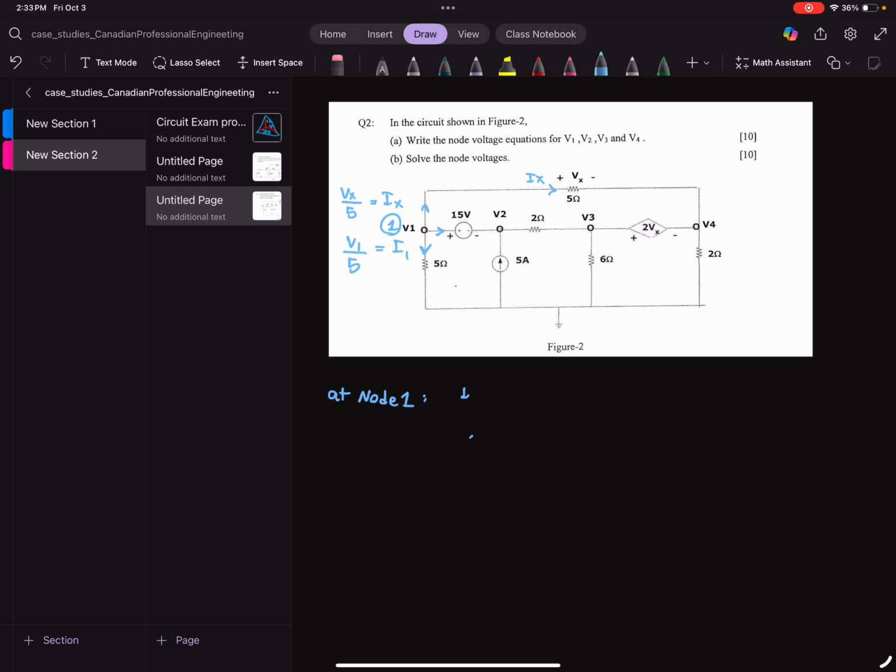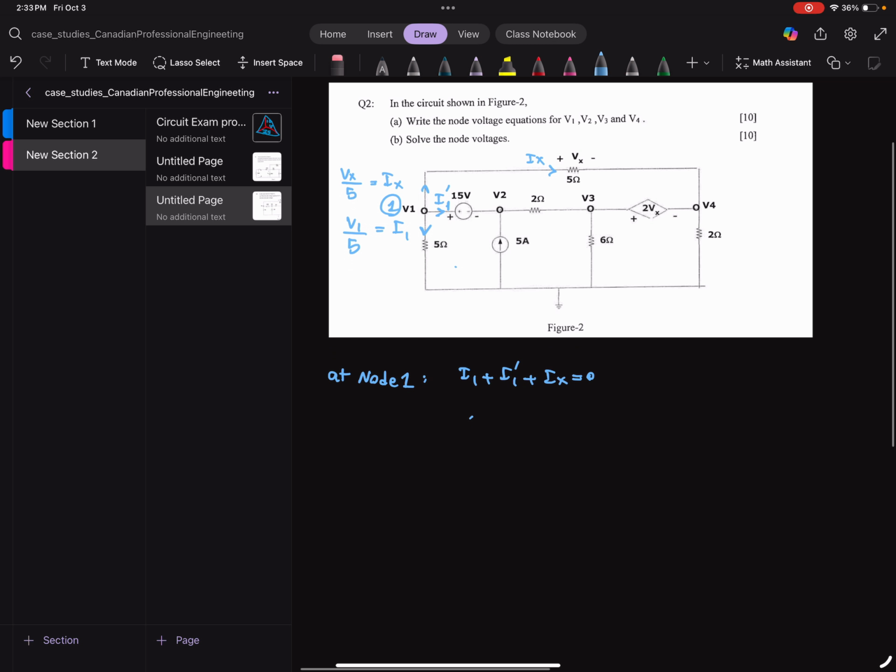We have I1 plus I, we don't know what this current is, let's call it I prime 1, plus Ix. All of these are going to be 0. You're probably wondering, doesn't this want the voltage equations? Wait a second, we're going to get there.